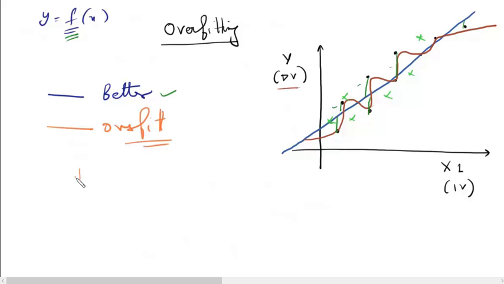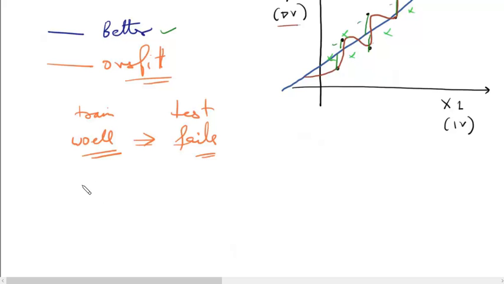If your model performs well on the trained data but fails on the test data, that means your model has overfit. This is an indication of an overfit model. Whereas if a model performs well on the trained data as well as on the test data, it means your model is not an overfit model and it's a fair model.